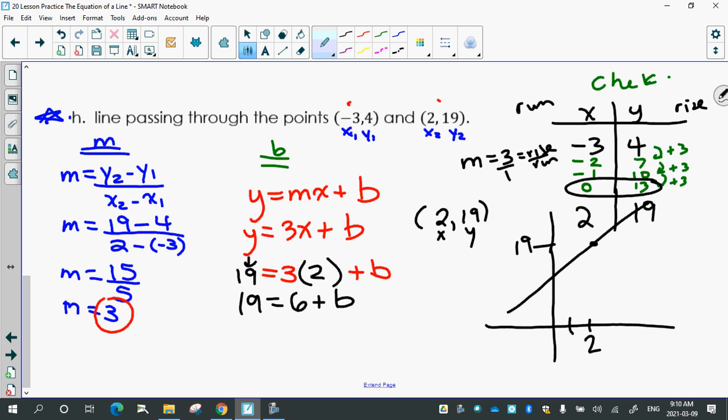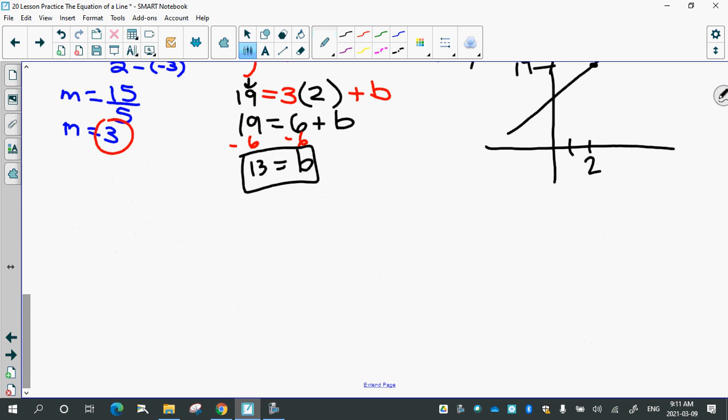So if I want to get b by itself, what would I do to both sides? Subtract 6. And that does in fact give me b equal to 13. So now I know m and I know b, so I'm ready to write my equation.